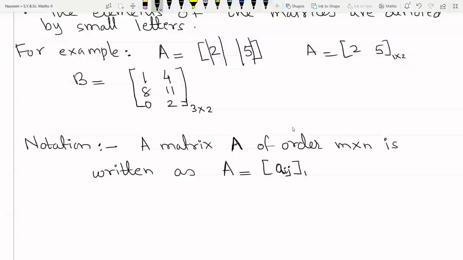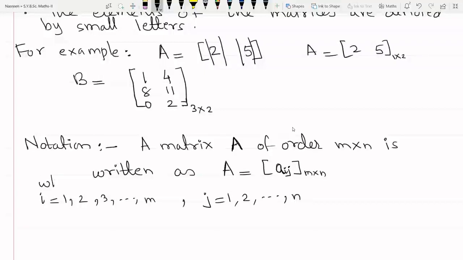Where the order of the matrix is m cross n. Now what is the meaning of this aij? Here i runs from 1 to m. There are m rows, so i goes from 1, 2, 3 up to m, whatever the number m is, and j varies from 1, 2, 3 up to whatever the number n is.